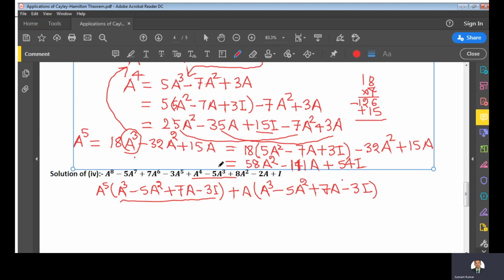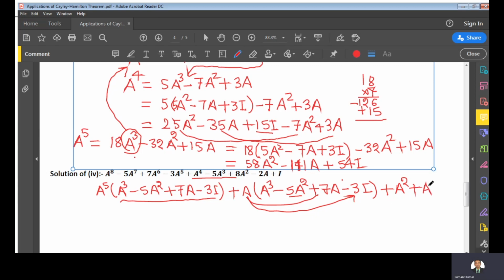This is 5A raised to the power 3 as it is, no problem. Here when you multiply it with this, then 7A square is coming. But here it is 8A square. So to balance this expression, you will add it with A square, right? Again here minus 2A is present. So when you multiply it, you are getting minus 3A. So to balance it, you will add 1A, correct?